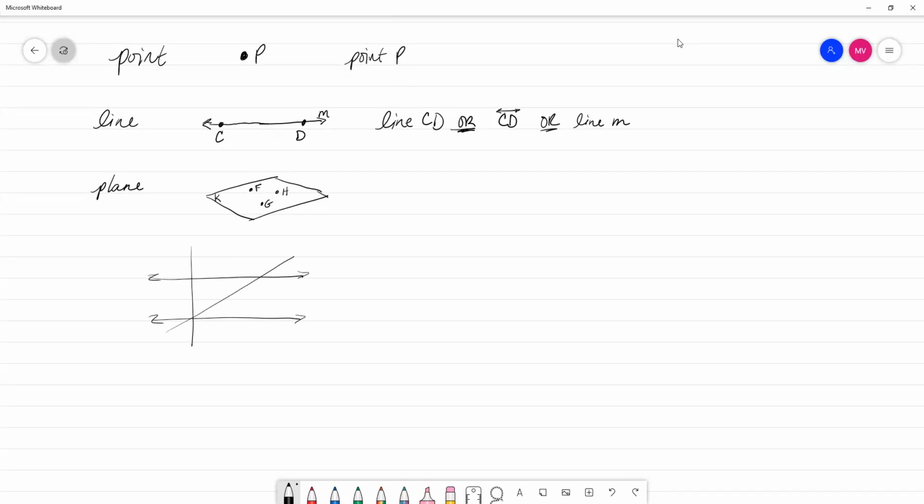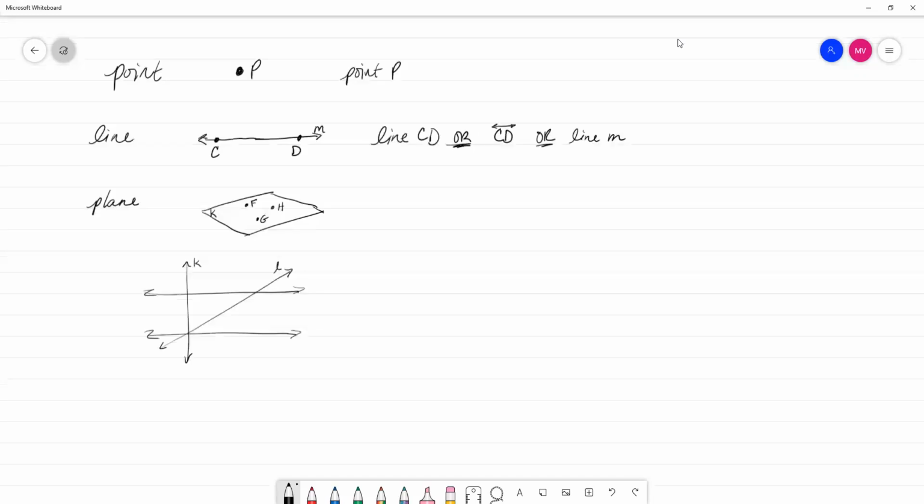All right. So we've got all kinds of lines going on here. We have line K that is perpendicular. We have line L, line M, and N. Those are parallel to each other. And then we have some points here.